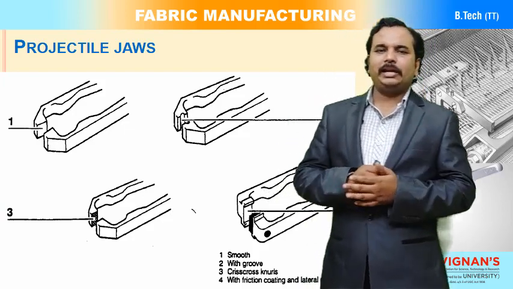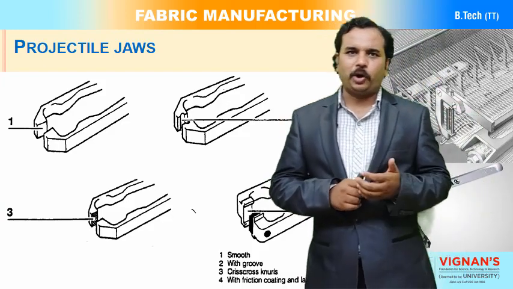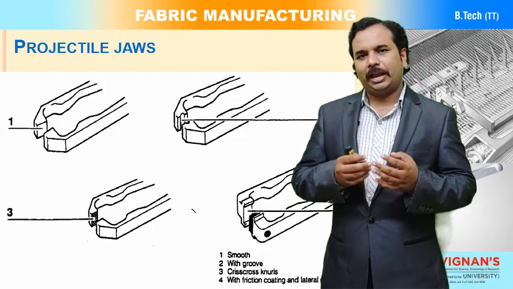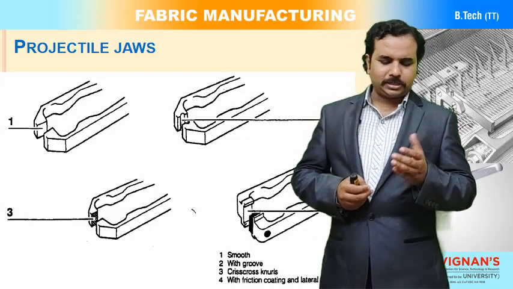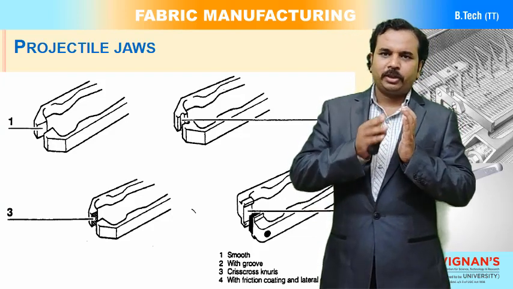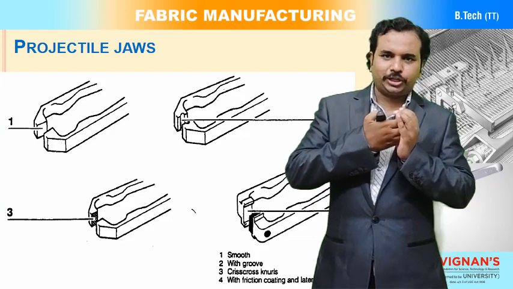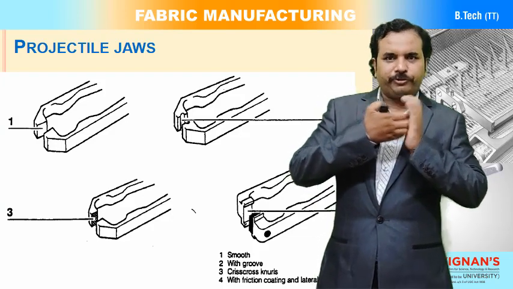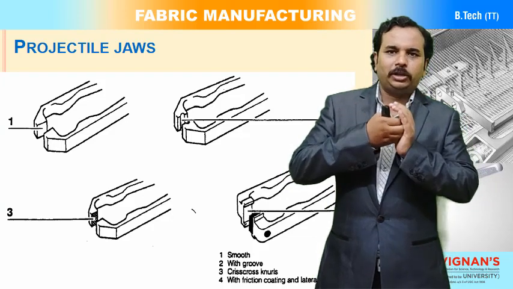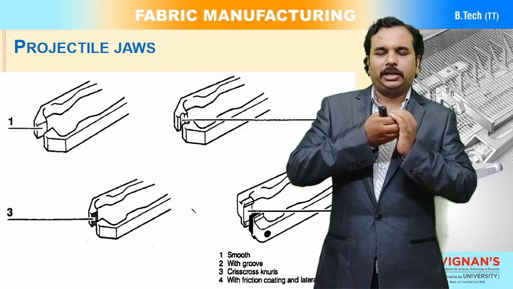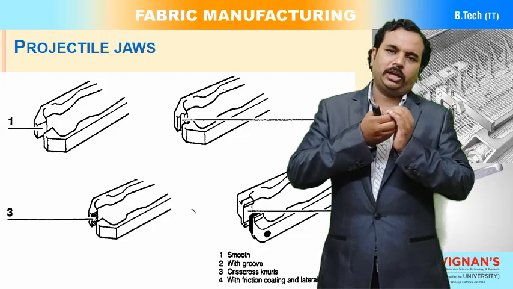The lateral guidance is given with the help of this friction coating. The lateral guidance has a shape, and together with the friction coating it holds the weft yarn firmly between the lateral guidance and the friction coating elements.